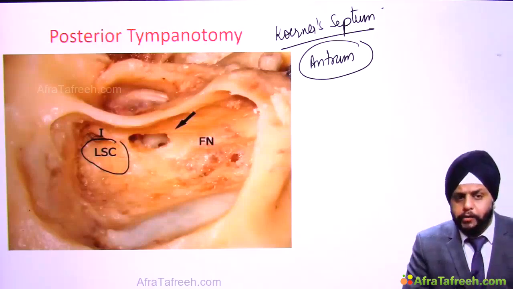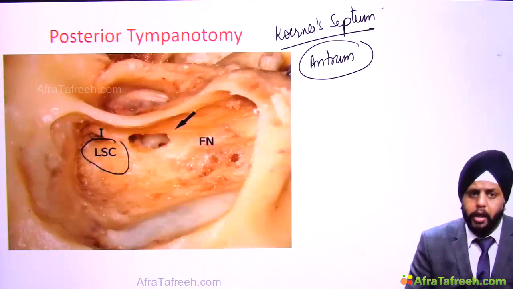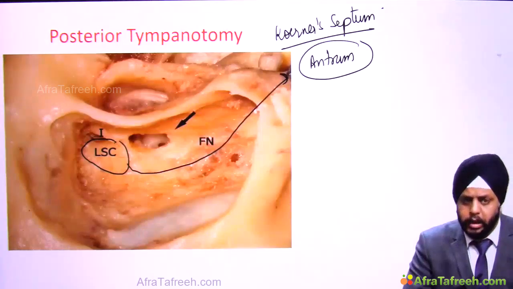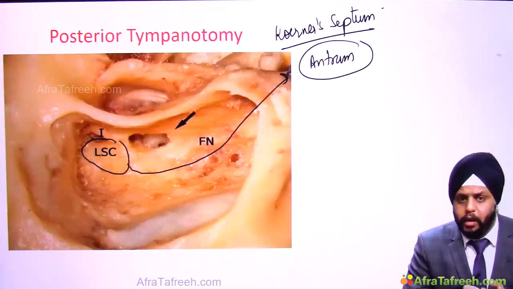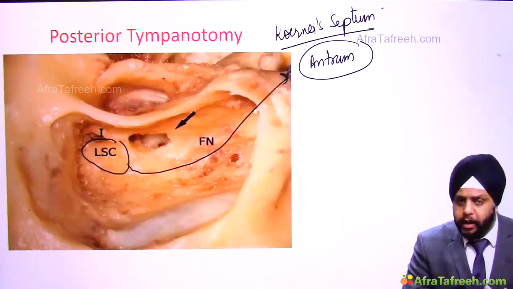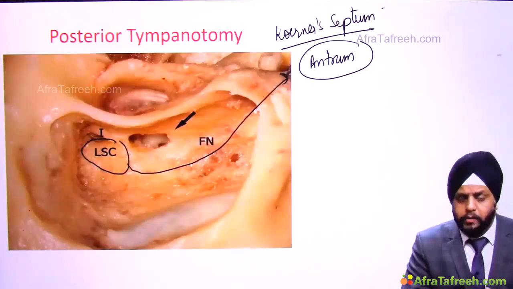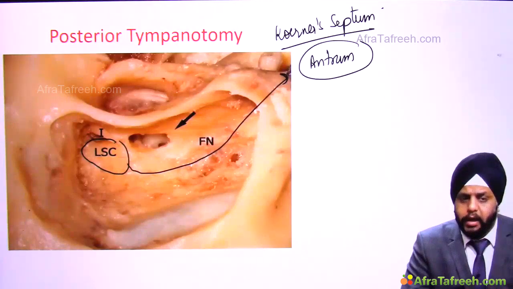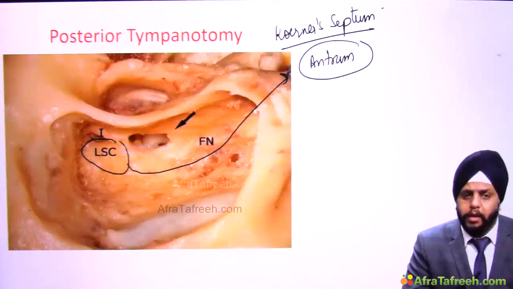This bulge of the lateral semicircular canal will of course be present only in the medial wall of the antrum. When you look through the microscope, you can see a little bit of color change. This is ivory white. So this ivory white color and the bulge of the lateral semicircular canal help us identify that we have actually entered into the antrum and we are not at Korner's septum.